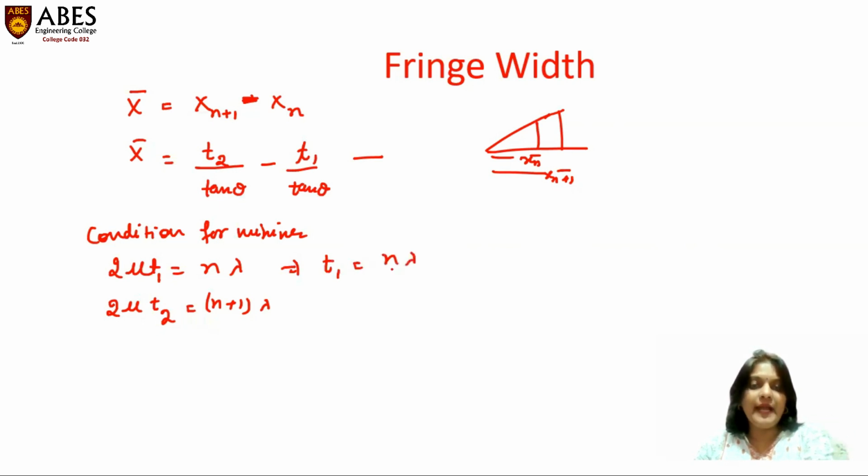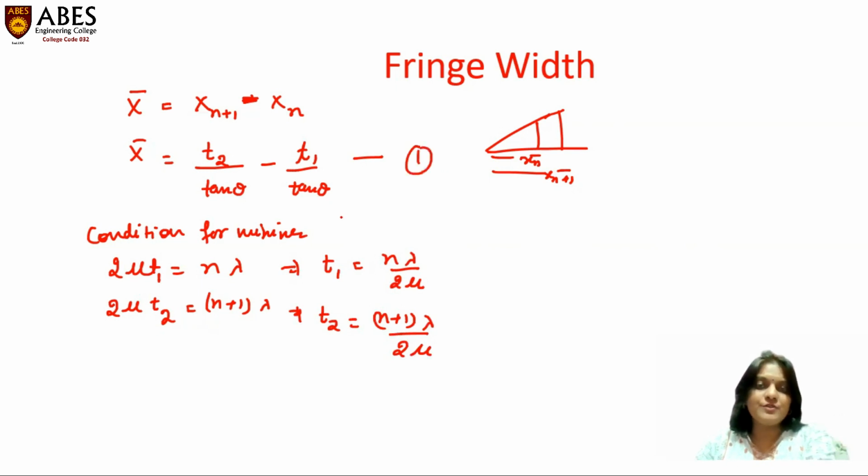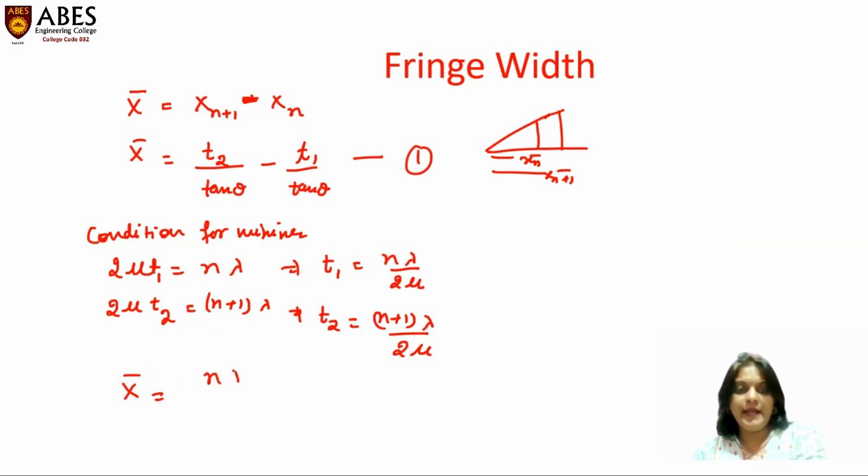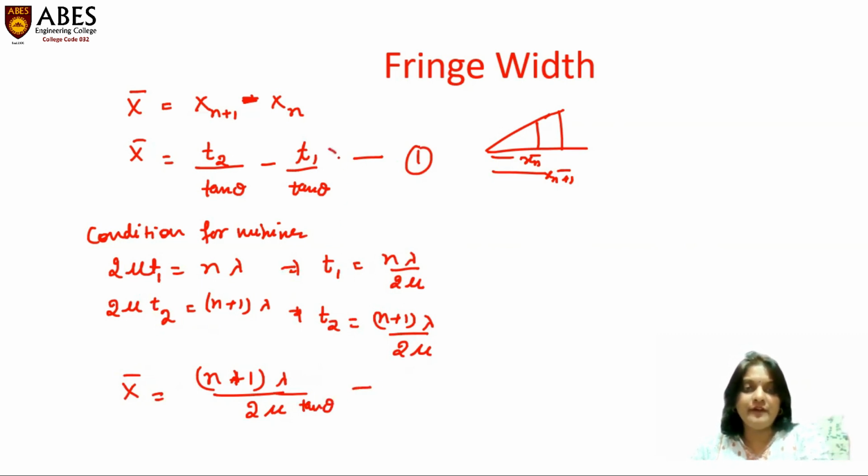T1 is equal to n lambda upon 2 mu, and T2 is equal to n plus 1 lambda upon 2 mu. So put this value in equation number 1. It becomes n plus 1 lambda upon 2 mu tan theta minus n lambda upon 2 mu tan theta.